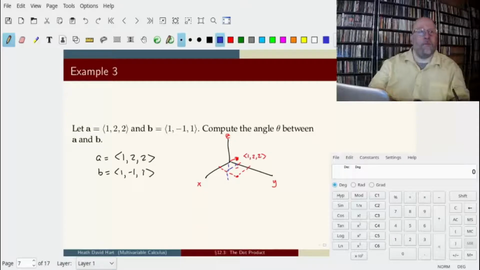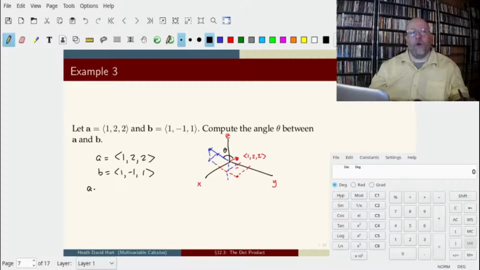I misread where the negative sign was. 1 unit in the x direction, negative 1 unit in the y direction, and then positive 1 unit up in the z direction. Let's try that. And so the thing that we're looking for is, what do we know about this angle here between this vector and this vector? That's what we're trying to calculate.